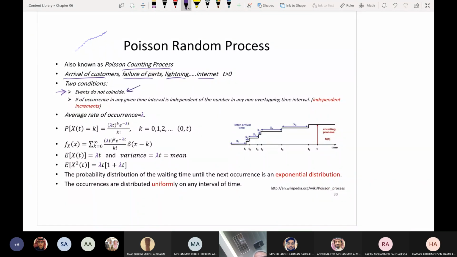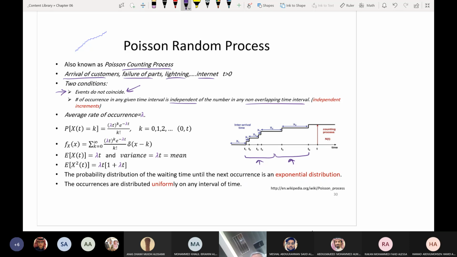The second condition: the number of occurrences in any given time is independent from the number of occurrences in non-overlapping time intervals. So if I take this time interval and this time interval, the number of occurrences here is independent from the number of occurrences here. They have no relationship to each other.